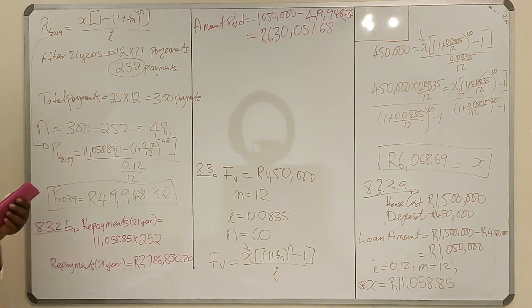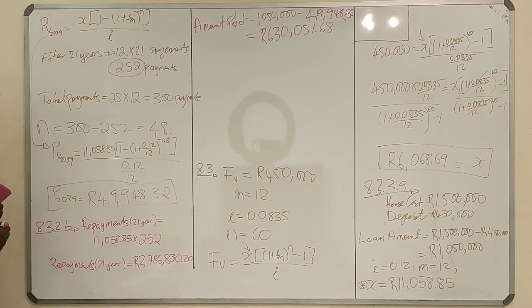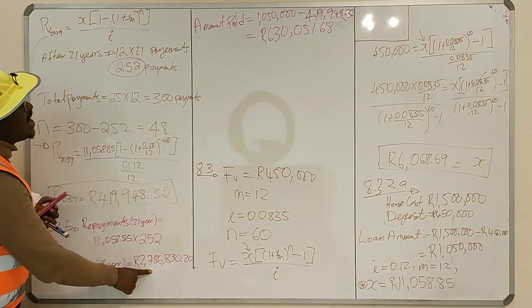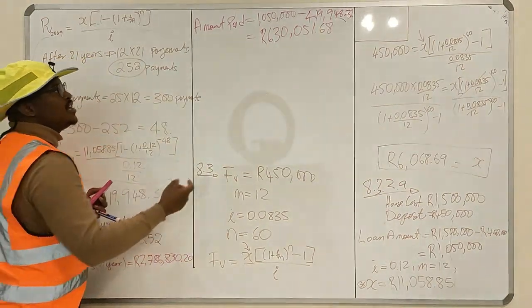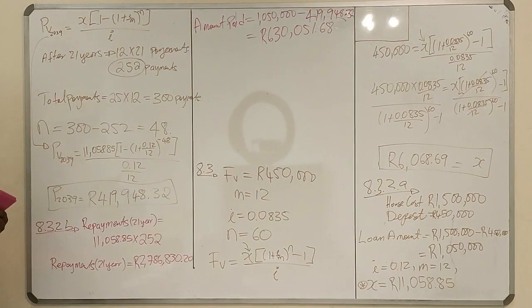Right? Now, he made this amount worth of monthly repayments, and from the original loan he only managed to pay off 630,000.